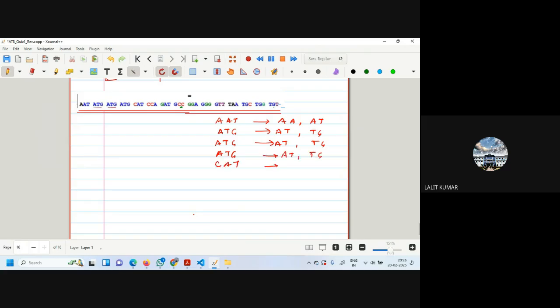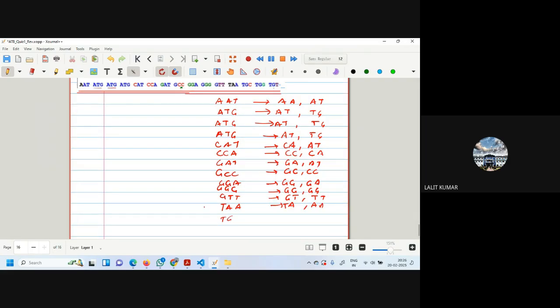Then CAT, CAAT, CCA, CCCA, GAT, GAAT, GCC, GCCC, GGA, GGGA, GGG, so it is GGGG, GTT, GTTT, TA, TA, double A, TGC, TGGC, TGG, TGGG, TGT, TGGT.